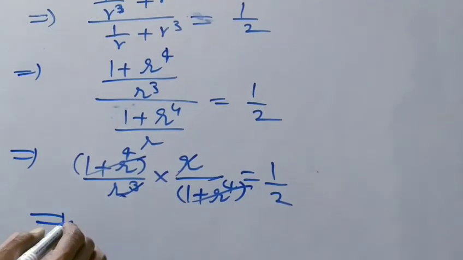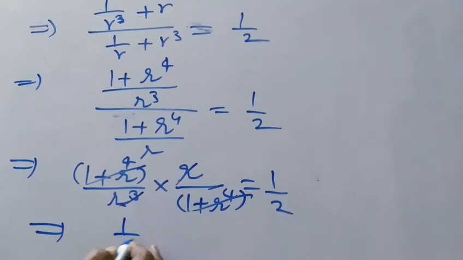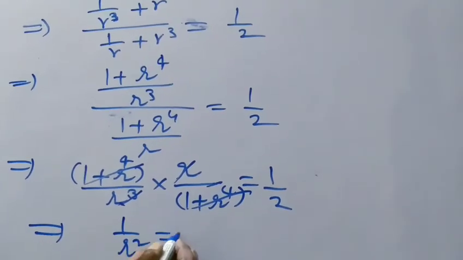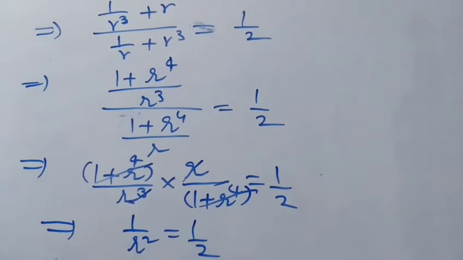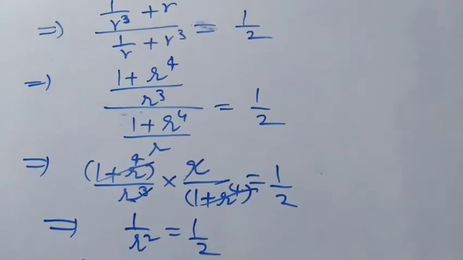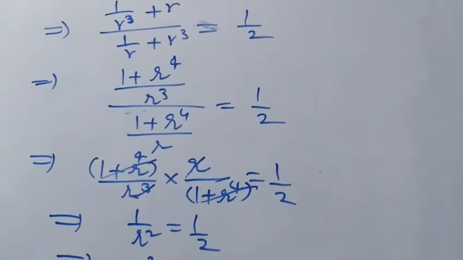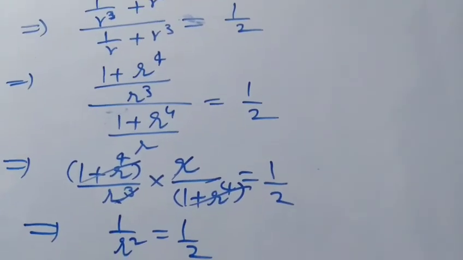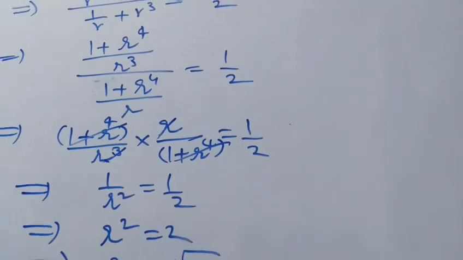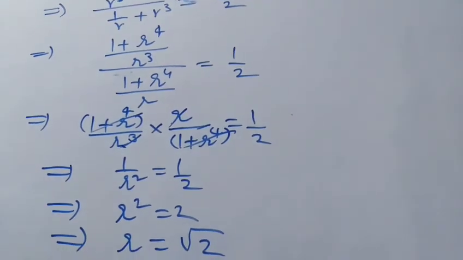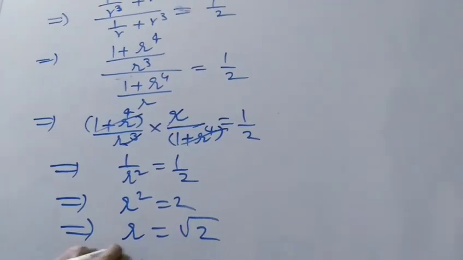Which implies 1/r² is equal to 1/2, which implies r² is equal to 2, which implies r is equal to root 2. Therefore the common ratio r is equal to root 2.